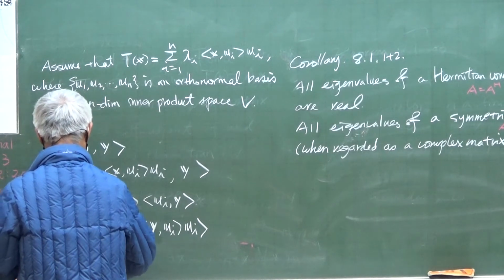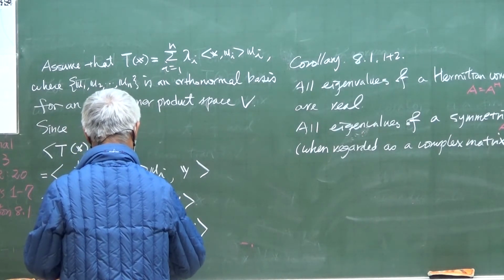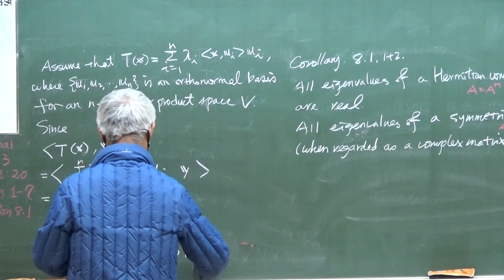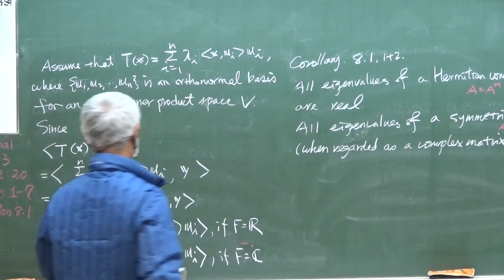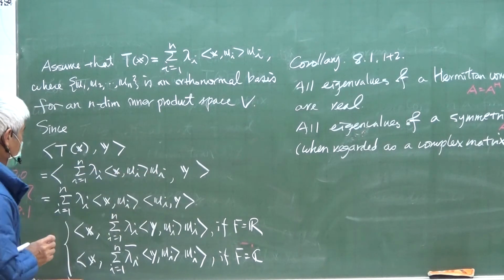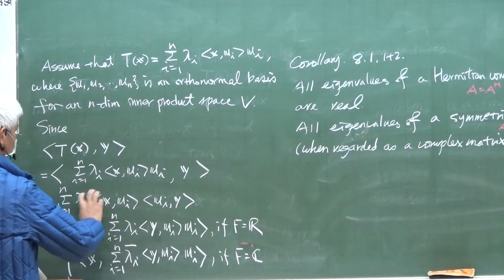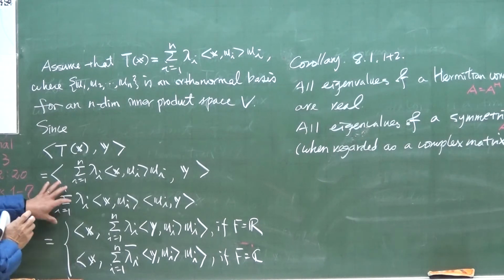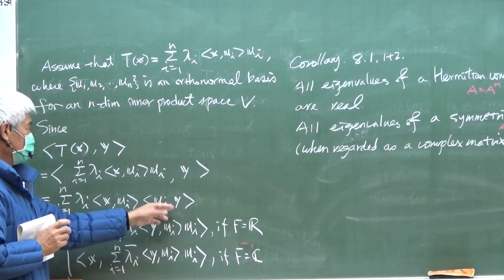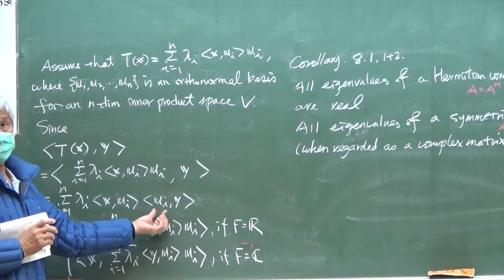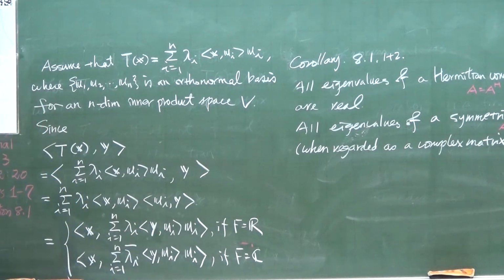So now by linearity of the second argument, this is the scalar, so you can move it in, and the scalar moves into there, and the sum into there. So you put everything into the second argument, and leave x here. And you can exchange the order of the inner product, because in the real case you don't need to put the complex conjugate, everything is real. So when you exchange them, it is without changing anything.